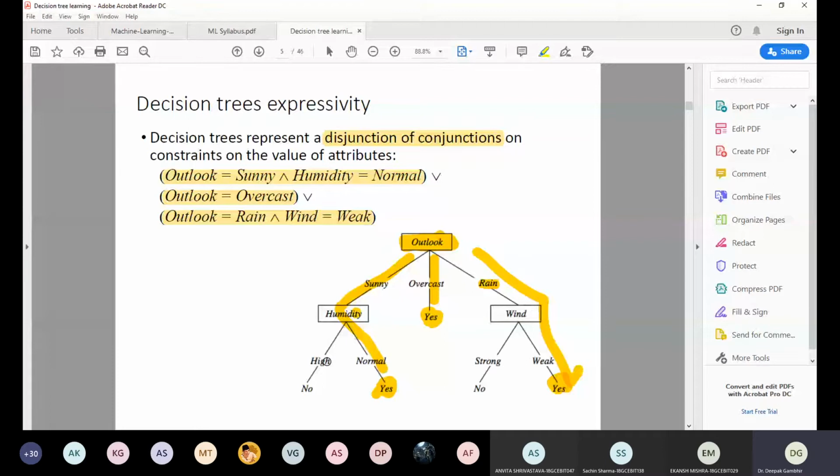In the case of humidity, there are two values: normal and high.